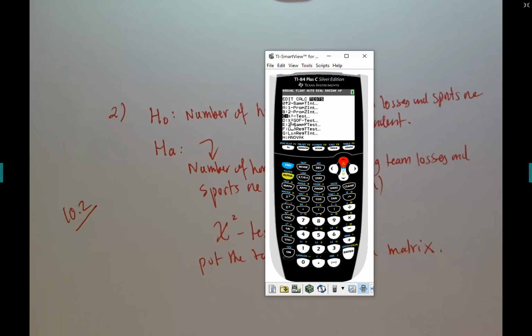For H0 and HA, H0 will always be the variables are independent, and HA will be the variables are dependent. As you notice in the table, the headings of the table were sports on one heading and visiting and home teams. So we say visiting and home team losses and sports are independent, and then the alternative will always be that the variables are dependent.